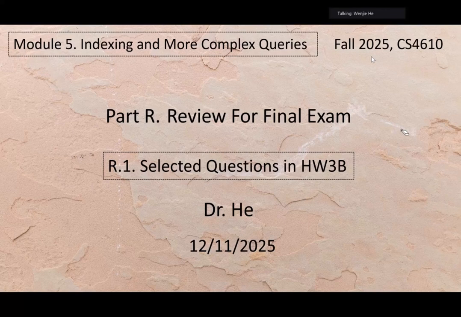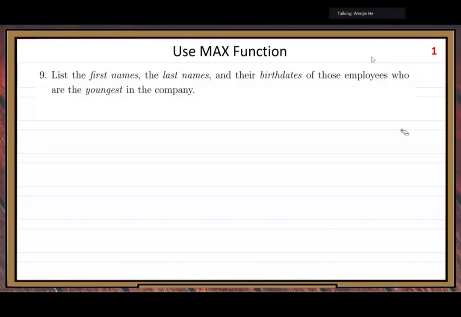So let's look at the problems. First, use max function. Yeah, there is one problem with the max function, so here I want to explain that small difference. Question number 9: list the first names, last names, birth dates of those employees. Here you can see there could be more than one, right?